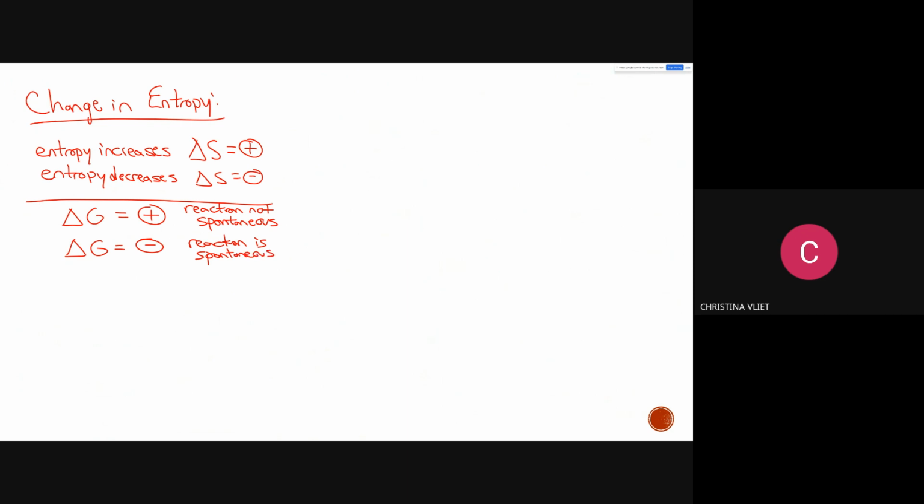What about the factors that affect feasibility of reaction, right? So factors that affect feasibility, which is whether it's spontaneous or not. We actually use this equation to help us out.